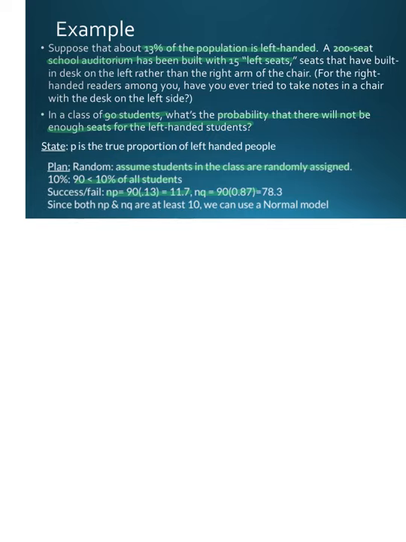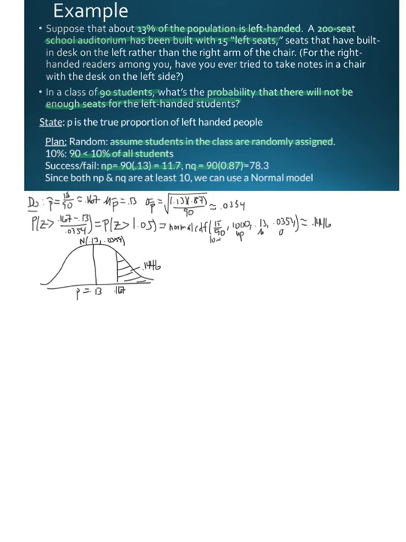Okay, now we're ready to do our do statement. Remember, for our third step, the do step, the first thing we will do is figure out what our sample proportion was. Because we know we have 15 left seats and we know we have 90 students, our sample proportion is going to be about 0.167.